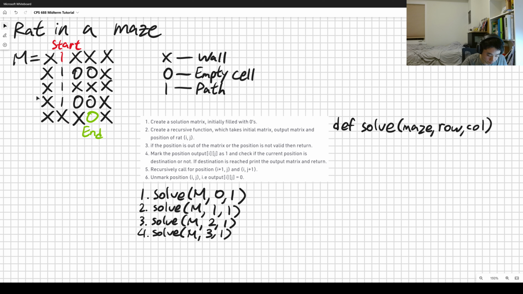So at solve 0 1, we're gonna move down, move down, move down, move down. Now at 4 1, because there is a wall, we're gonna backtrack.